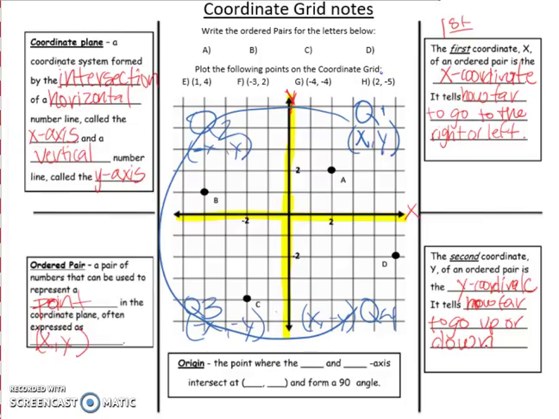So your y coordinate tells you how far to go up or down after you go to your x coordinate first. Alright, so one last thing that we need to cover, and that is going to be the origin.